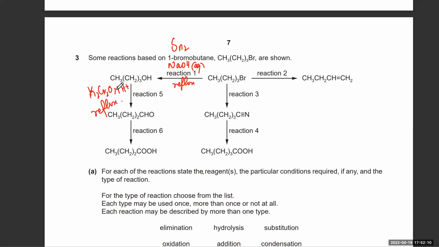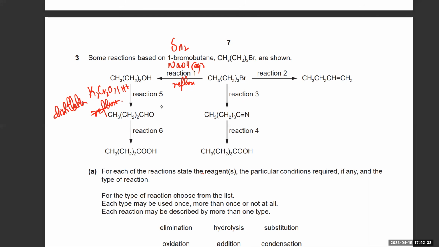So would KMnO4 be wrong? KMnO4 would be right as well. Reflux would actually be wrong because I think he wants you to stop at aldehyde. So how do you stop at aldehyde? Distillation. If you want to stop at aldehyde, it's going to be distillation.